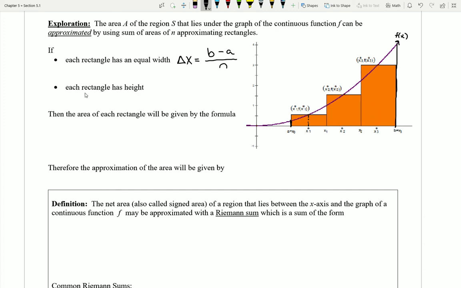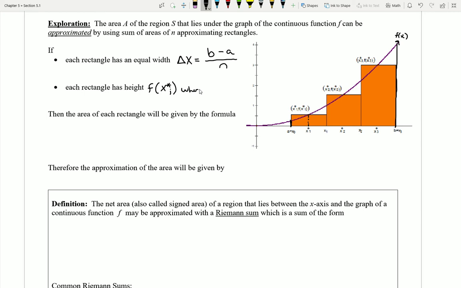So as I state here, each rectangle has a height of f of x star i, where i stands for the numbered rectangle that I'm on. So x star 1 is the x for the first rectangle, and x star 2 is the x for the second rectangle.